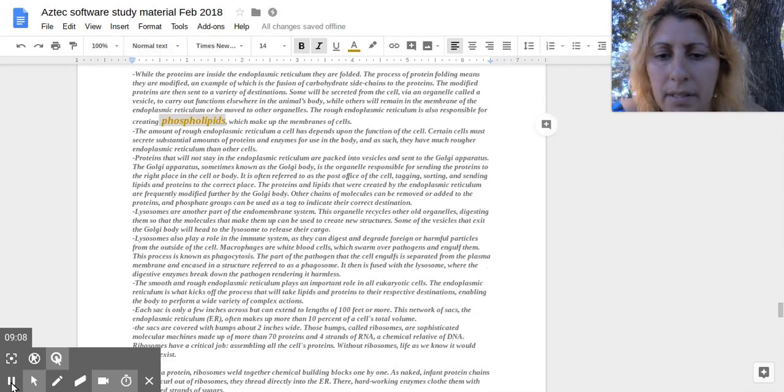Macrophages are white blood cells which specialize in swarming over pathogens and engulfing them. This process is known as phagocytosis. The part of the pathogen that the cell engulfs is separated from the plasma membrane and encased in a structure referred to as a phagosome.